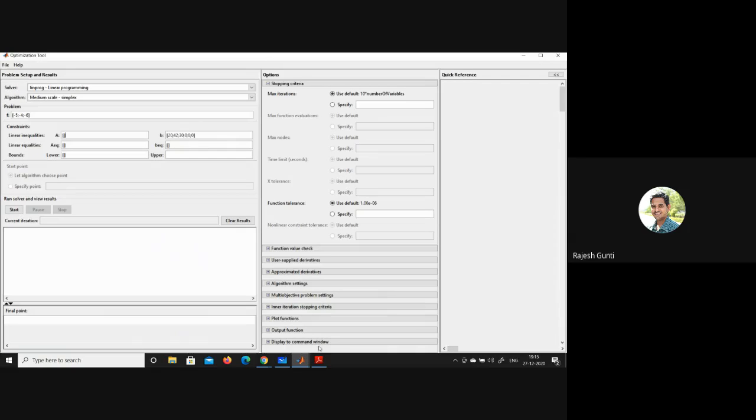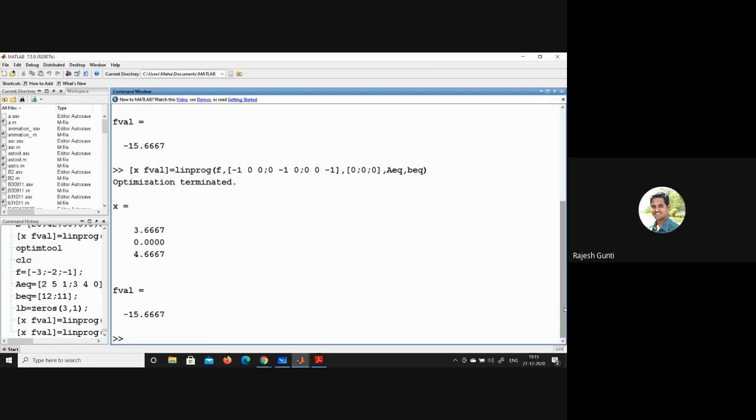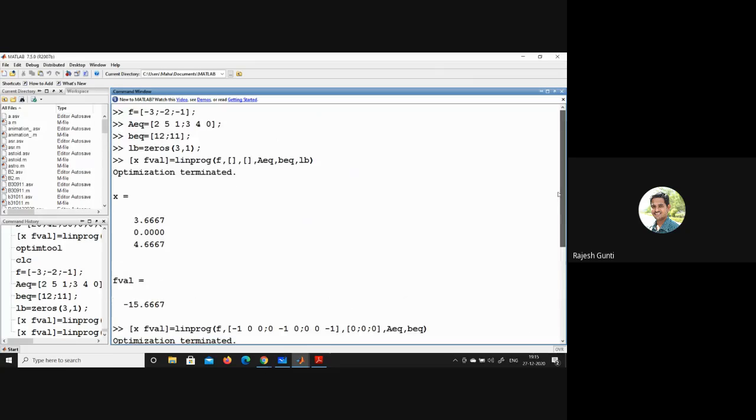A is null. B is null. I have to change F also. A equalities are there. So that A equalities 2 5 1. I am copying this matrix instead of typing. Control C. 11.